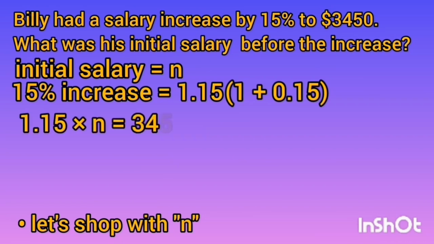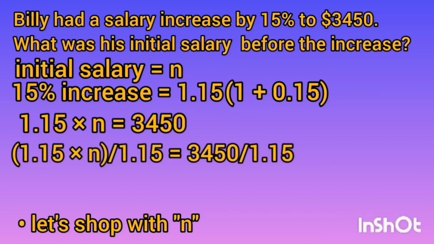So we now multiply 1.15 by N, and this equates to 3,450. Now we can divide both sides by 1.15 to give us 3,000. This implies that Billy's salary before the increase was $3,000.